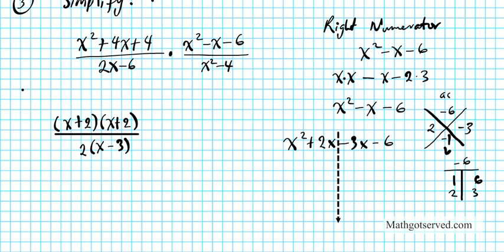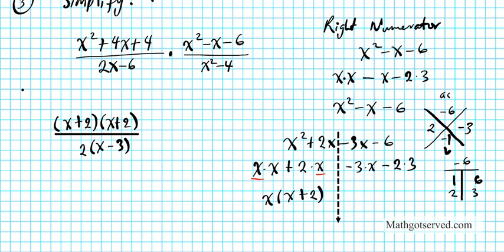So now we're going to have x times x plus 2 times x minus 3 times x minus 2 times 3. From the first two terms, I'll take out an x, and I'm left with x plus 2.